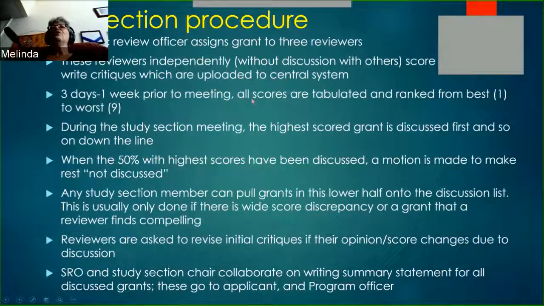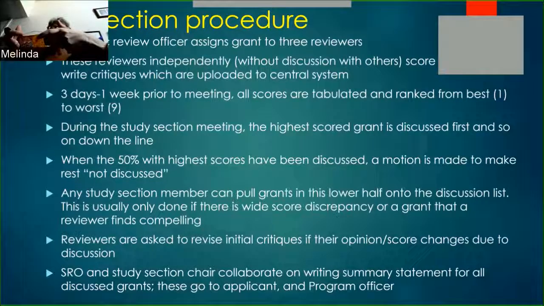All scores are tabulated, and a grant that a reviewer thinks is absolutely fabulous is given a 1. A grant that is considered a complete waste of time is given a 9, and the goal is to spread those scores between 1 and 9.